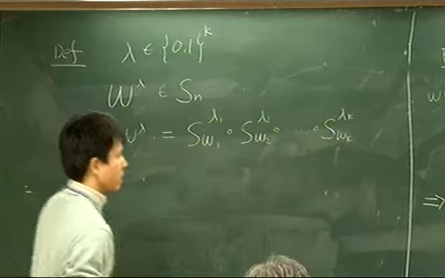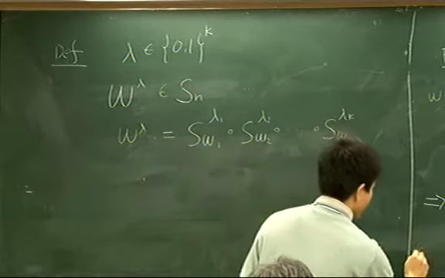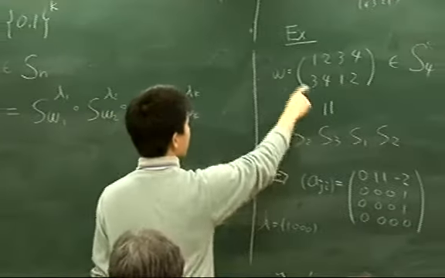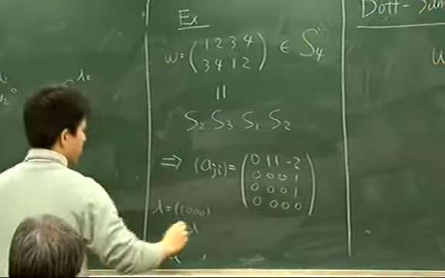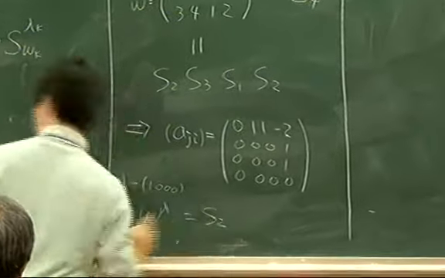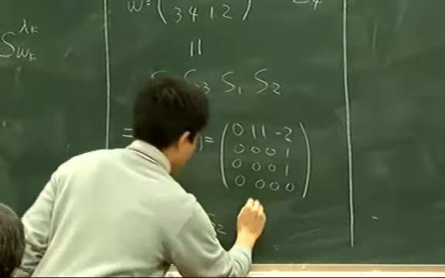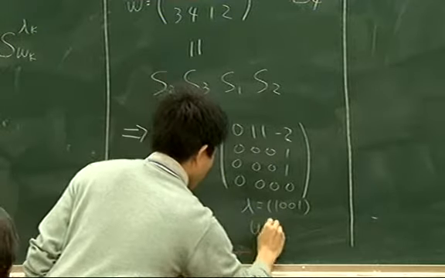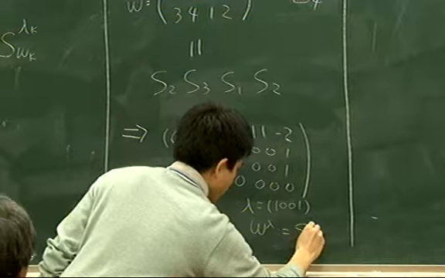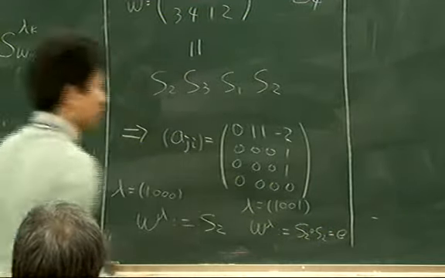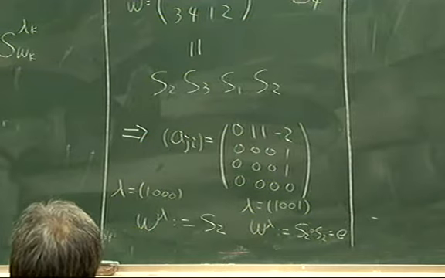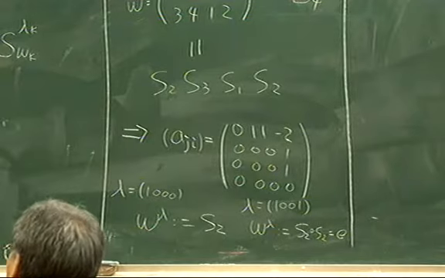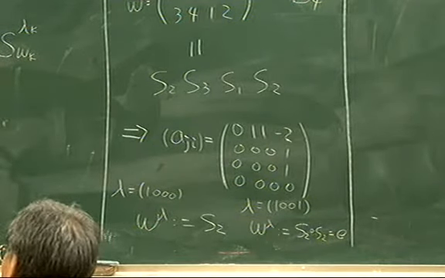This means, for example, if we take lambda as 1, 0, 0, 0, then w^lambda becomes s_2, or if we take 0, 0, 0, 1, then it becomes s_2, and s_2 squared reduces to just the identity. So lambda_k's power is just an iteration of s_{w_k}, lambda_k times.